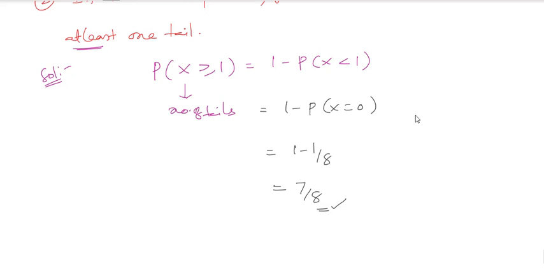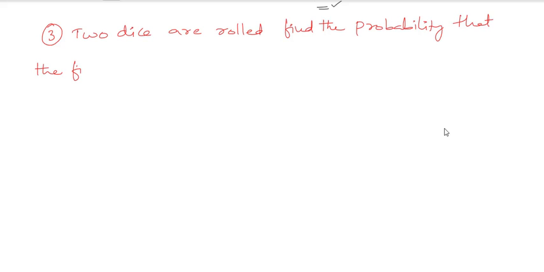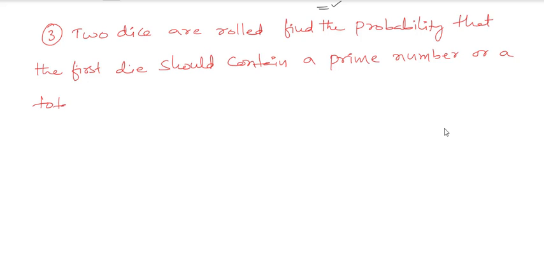Next problem. 2 dice are rolled. Find the probability that the first die should contain a prime number or a total of 8.